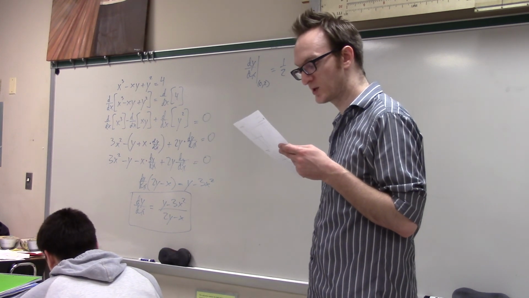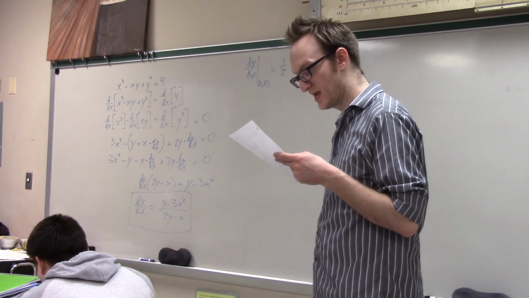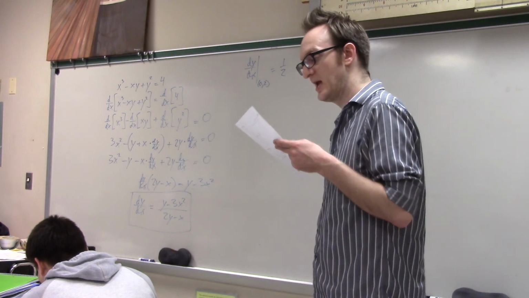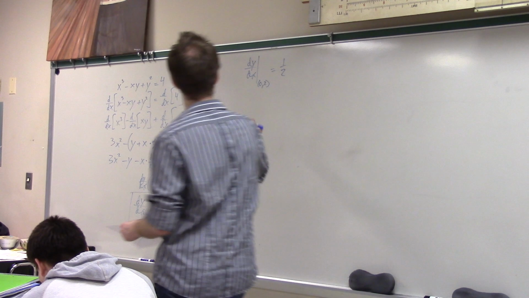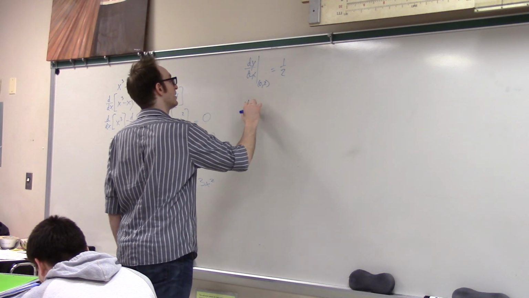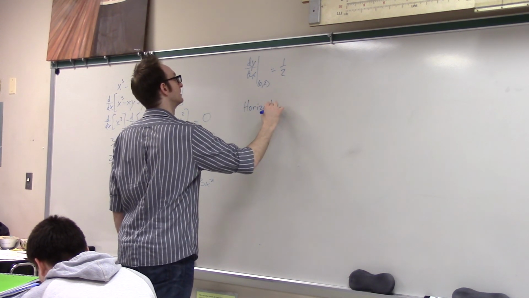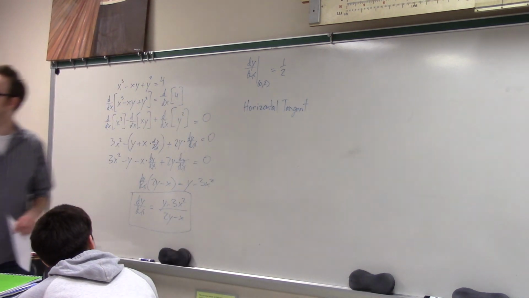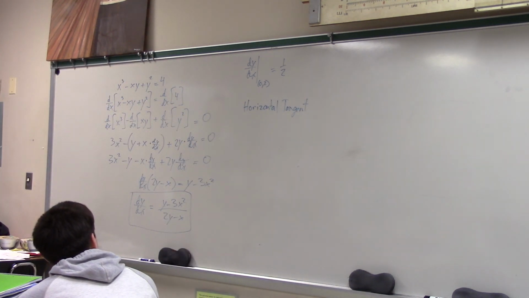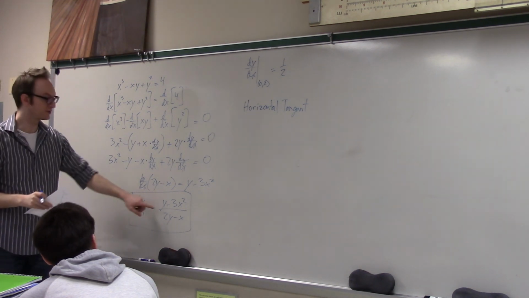Like, where, if ever, is there a horizontal tangent? Where is there a horizontal tangent line? This problem might not be easy to solve, but let's talk it out. Yeah, when the top is 0. It's just when the derivative is 0, right?